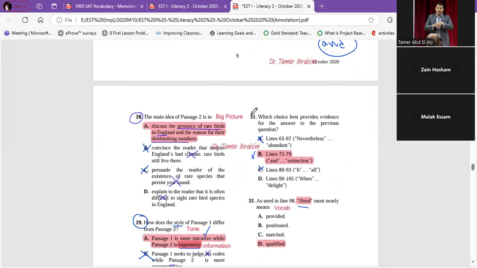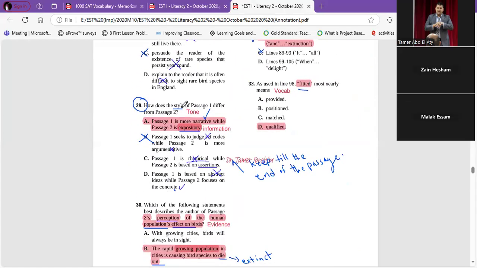Let's find now for passage 1 only. Passage 1 is more narrative. Yes, it's narrative. Passage 1 seeks to judge set codes. No. Passage 1 is rhetorical. No, it's not rhetorical. Passage 1 is based on an abstract idea. No, it's not abstract.